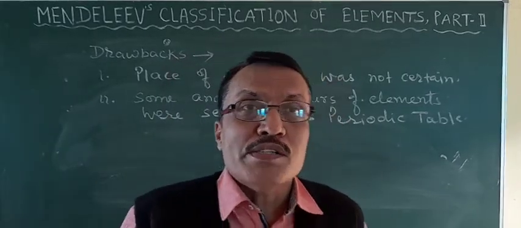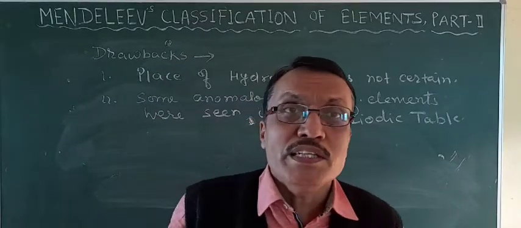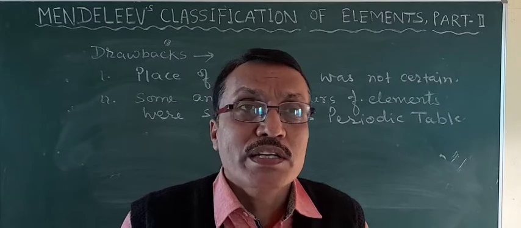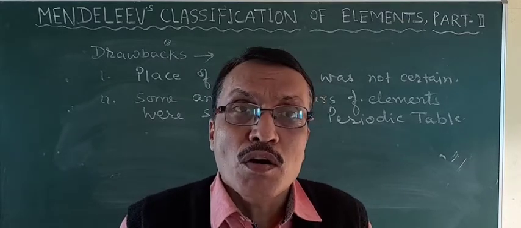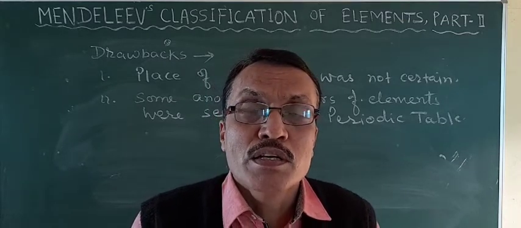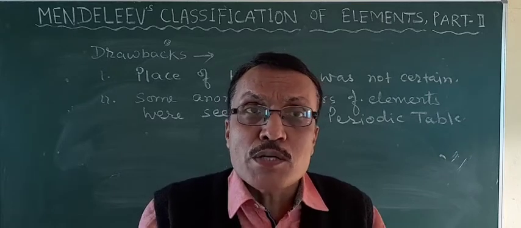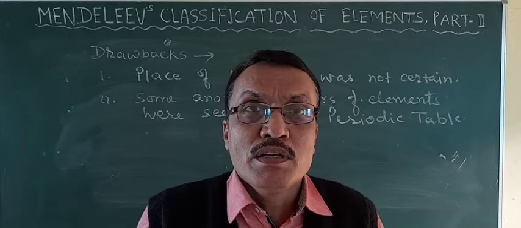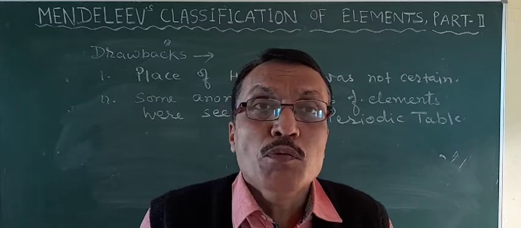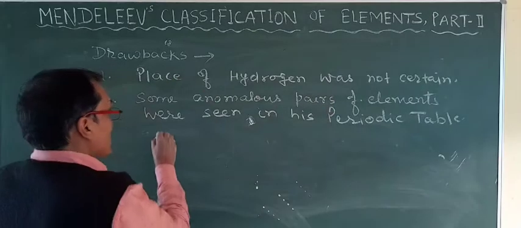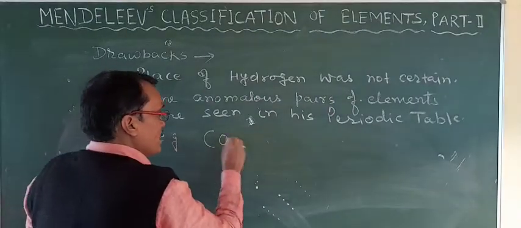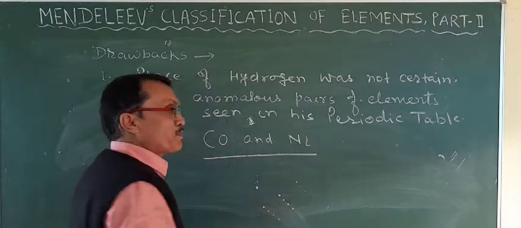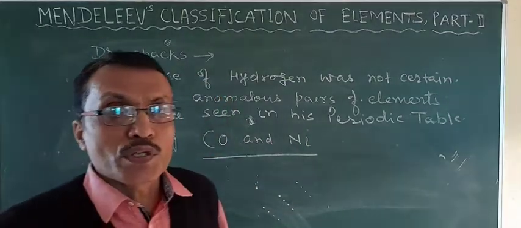Due to this, somewhere in his periodic table, elements of higher atomic mass came before the elements of lower atomic mass. And so, such pairs of elements in the periodic table were said to be anomalous pairs of elements. For example, cobalt and nickel. Students, this is one of the anomalous pair of elements in Mendeleev periodic table.